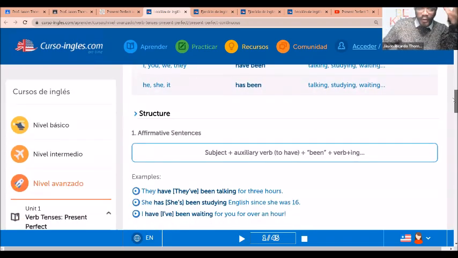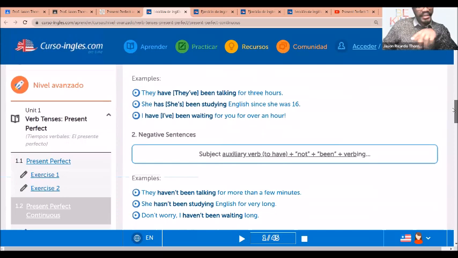So if you're in the affirmative form, you can have your contractions: they've, she's, I've, we've, he's, it's, they've, and your been and -ing.